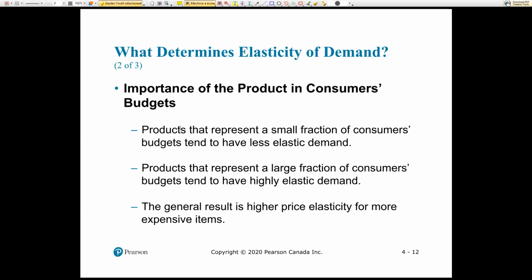Products that represent a small fraction of consumers' budget tend to have less elastic demand. So what do they mean by that? I think what they mean is it's so cheap, you don't think about it.